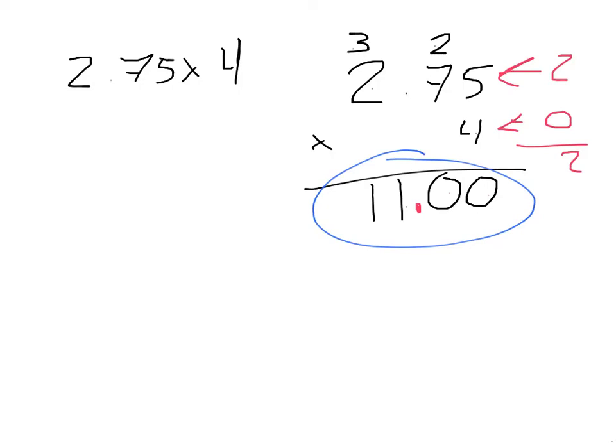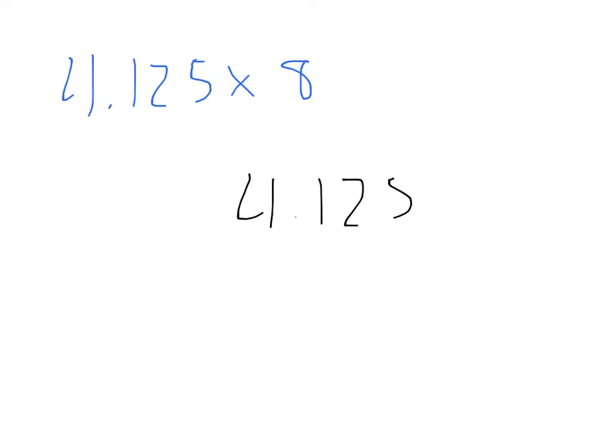Okay, it works the same way if I have 3 decimal values. So 4.125 times 8. Okay, I can set it up as 4.125 times 8.